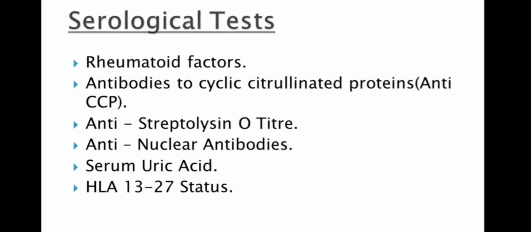So if a young male patient of 20 years presents with continuous back pain and hip pain, or with shoulder pain or neck pain, gradually increasing with rest and relieving with movements, and it is continuous, then you can suspect ankylosing spondylitis or SSA.